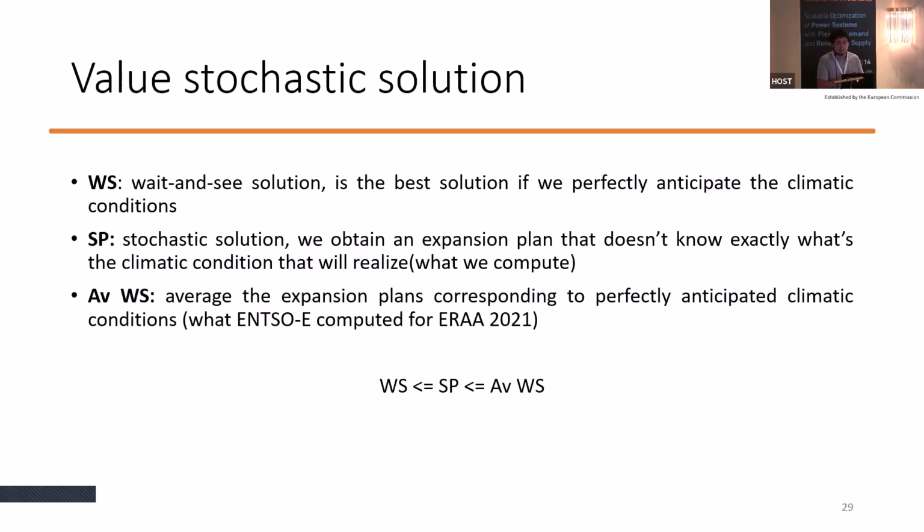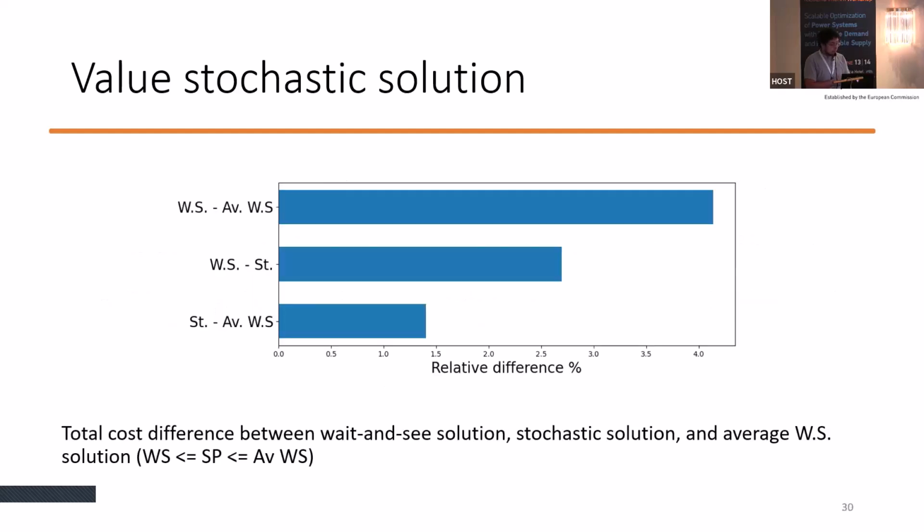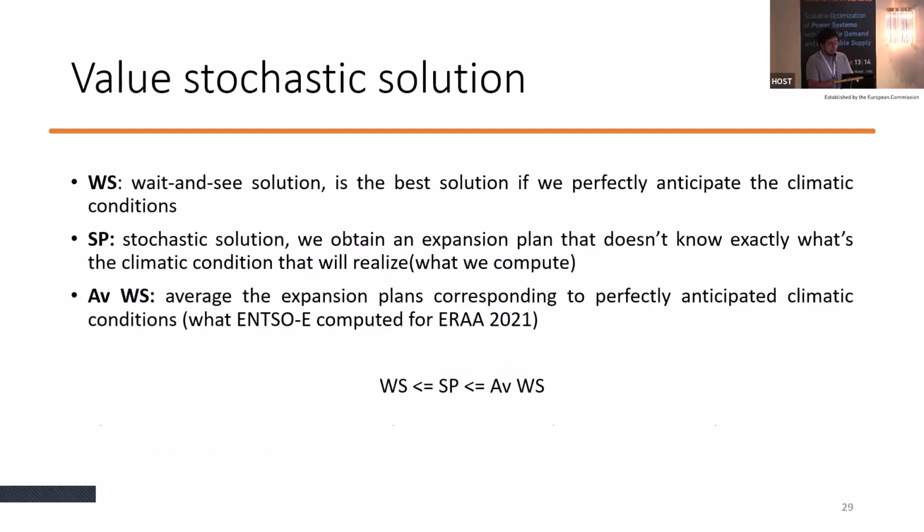So there, having a stochastic solution may not make much sense. In fact, this second row is the difference between the wait-and-see solution and the stochastic solution, and for this particular problem, it is around 2.7%, which I think is a relevant number.